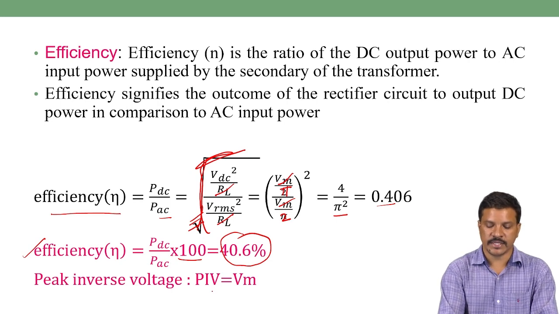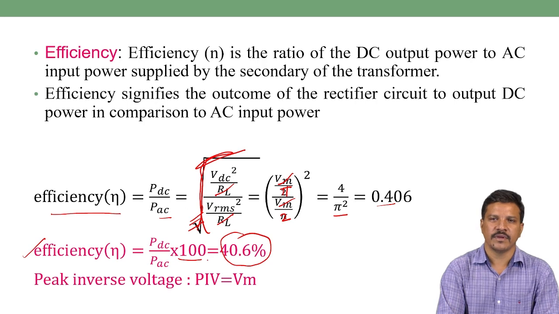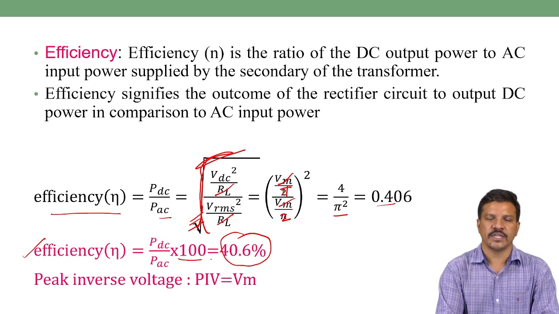Peak inverse voltage. This is how much reverse voltage the diode can sustain. When the PN junction diode is in the positive half cycle, it acts as forward bias. During the negative half cycle, the diode acts as reverse bias. So this peak voltage is applied as reverse voltage across the diode. To what extent it will be sustained during the negative half cycle or reverse bias?